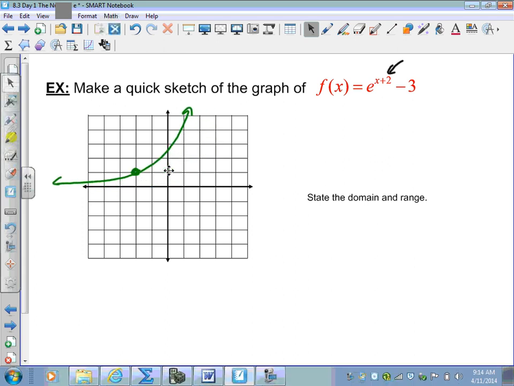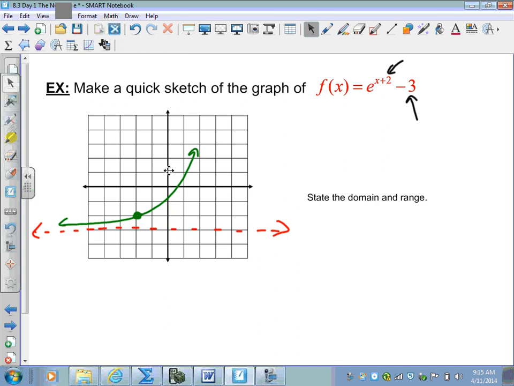Because of this minus 3, it's outside the exponent, it's vertical, it's as you see it. So everything's going to go down 3. So I'm going to grab my point and go down 1, 2, 3. I'm going to bring my function along with it. And that's approximately what my graph should look like. Notice here how the horizontal asymptote is now shifted down 3. The shifting left to right didn't affect the asymptote, but it just shifted down 3.